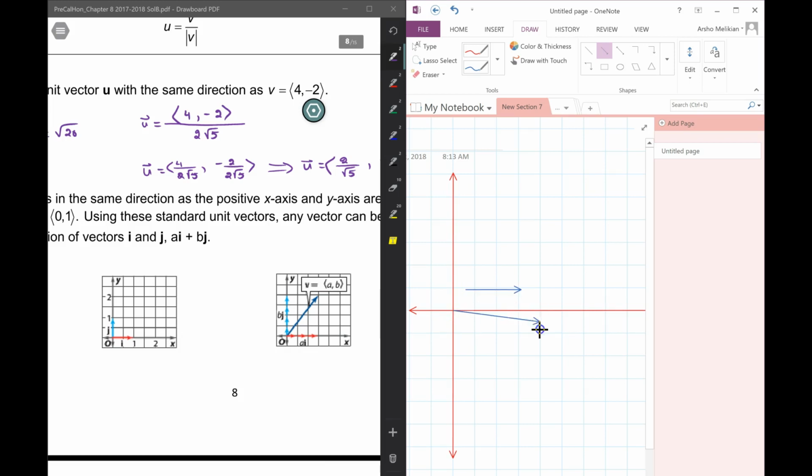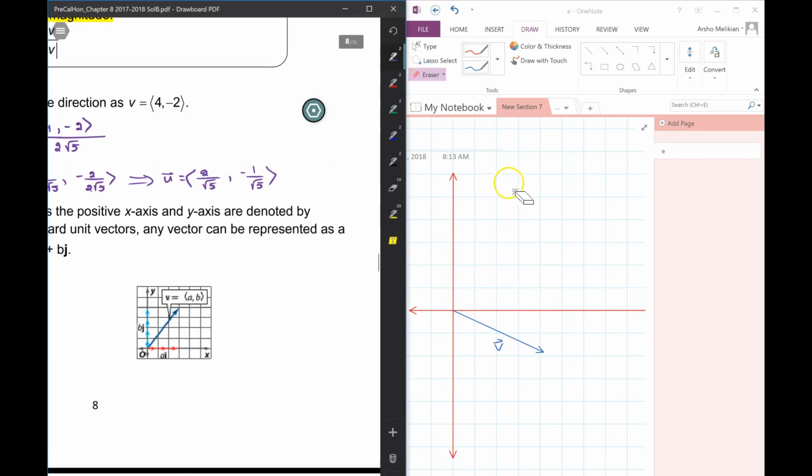Is that positive 4 and negative 2? Is that right? So that's v. It didn't turn out right. Okay, so that's v right there. All right, now, how are we going to draw u? Okay, so now do this for me. What's 2 over root 5 in decimals?